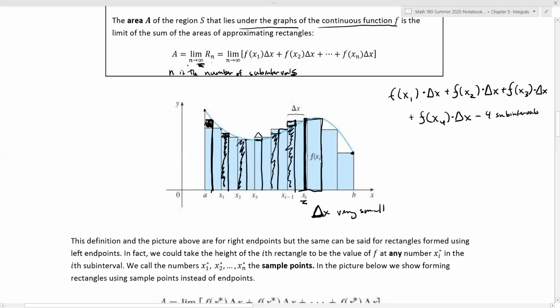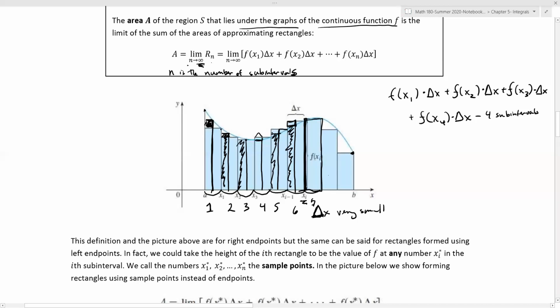So again, just to help you out, this is the first subinterval, x1 to x2, that's the second subinterval, x2 to x3, that's the third, x3 to x4, that's the fourth, then 5, 6, 7, right? That's the idea of the ith subinterval.